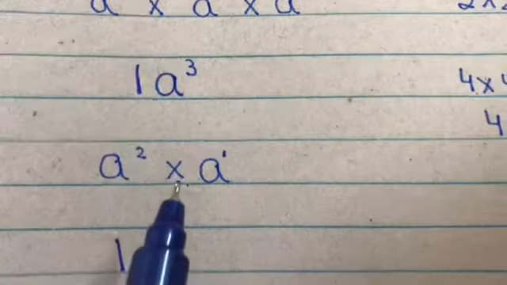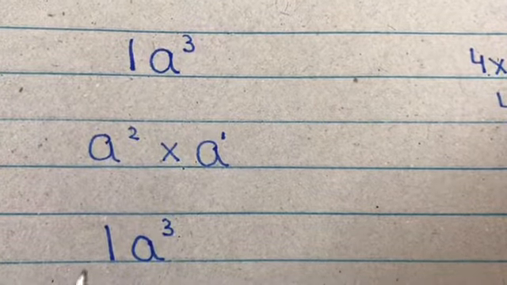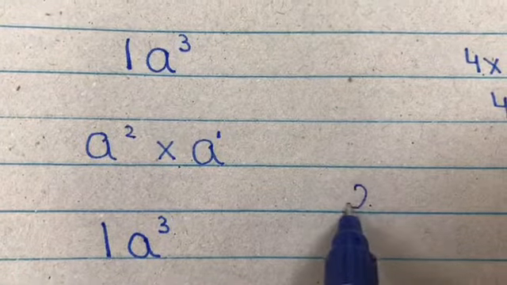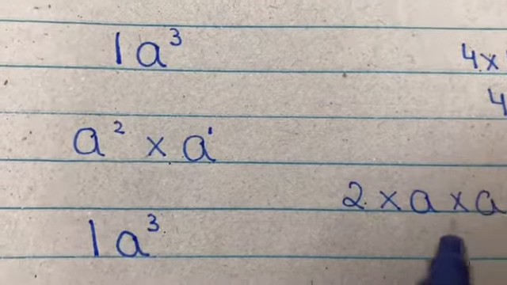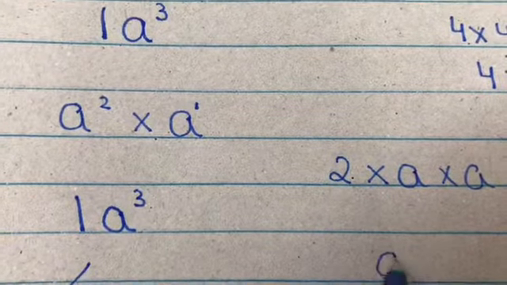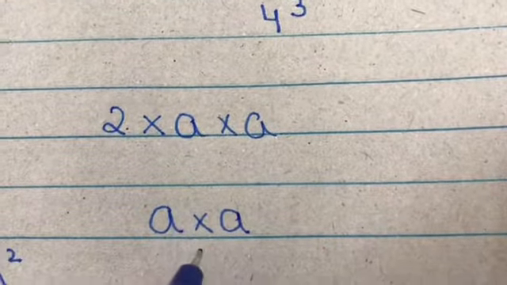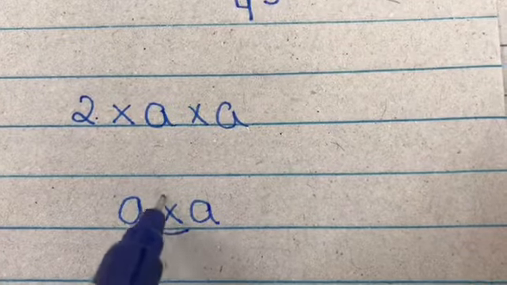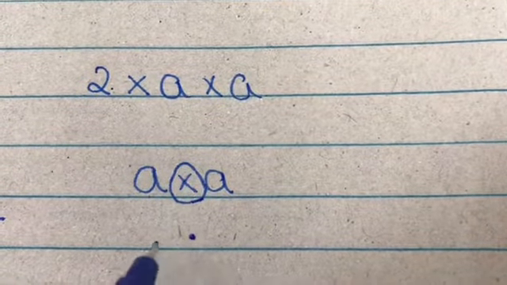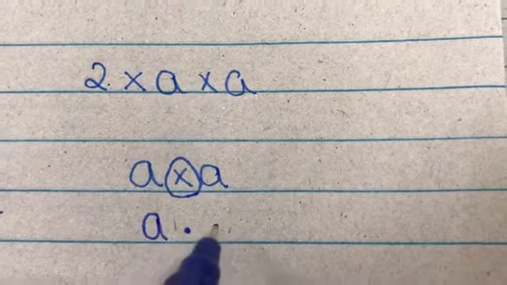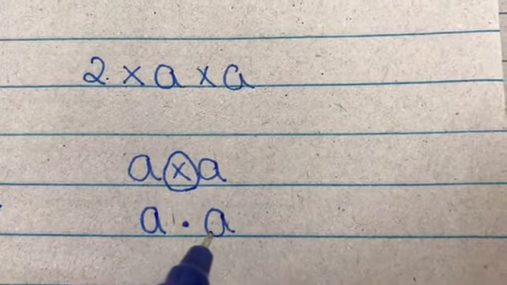We can write it as, for example, 2 times A times A. But writing this as A times A can be read as A X A. So we represent the multiply as a dot in between the letters only. Instead of writing multiply, you put A dot A.